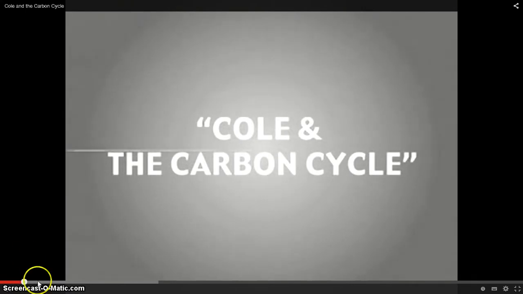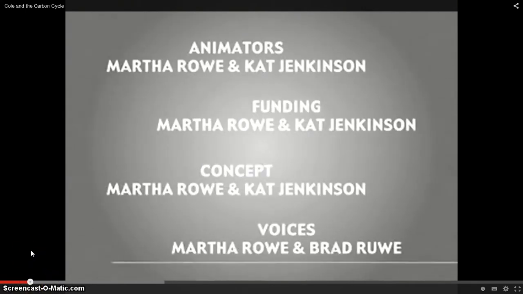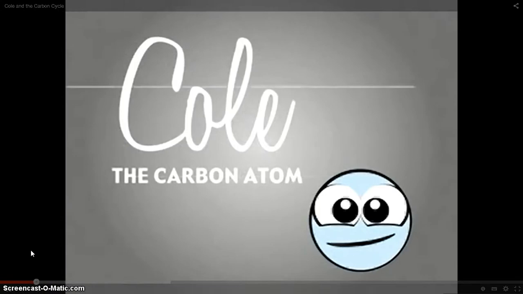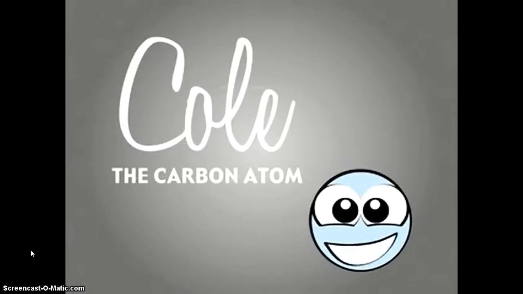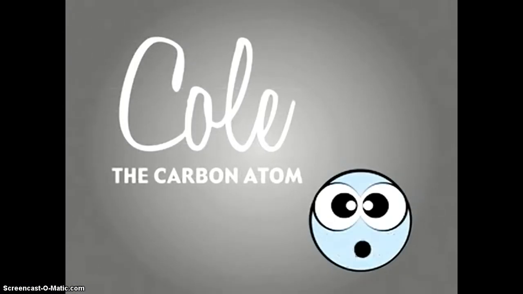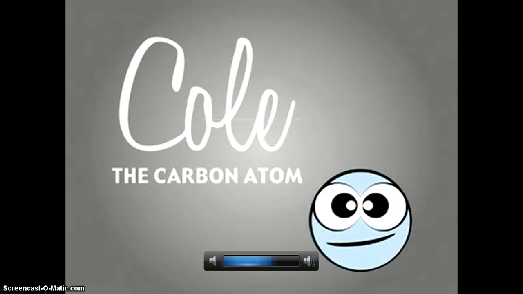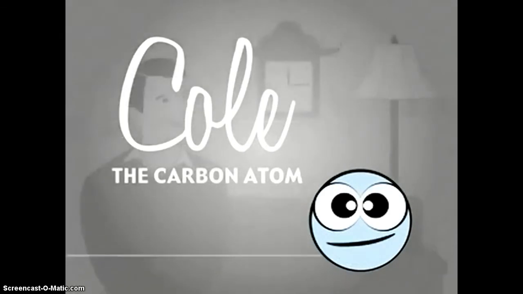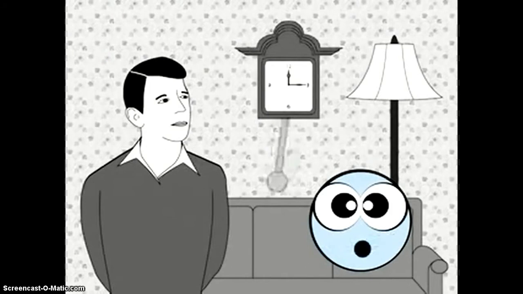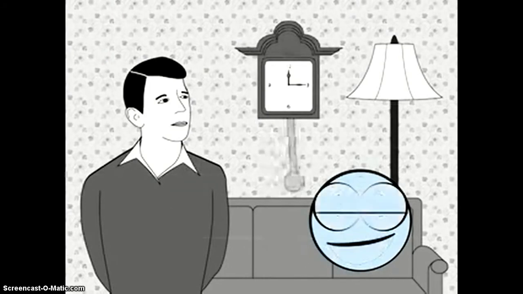Hey there, everybody. Today we're going to introduce you to the carbon cycle. To help me with this, here's Cole, the carbon atom. Gee willikers, thanks for the introduction, Mr. Narrator. Hey, Mr. Narrator, you breathe oxygen, don't you? Why, yes, Cole, I do. Well, why don't we start there?